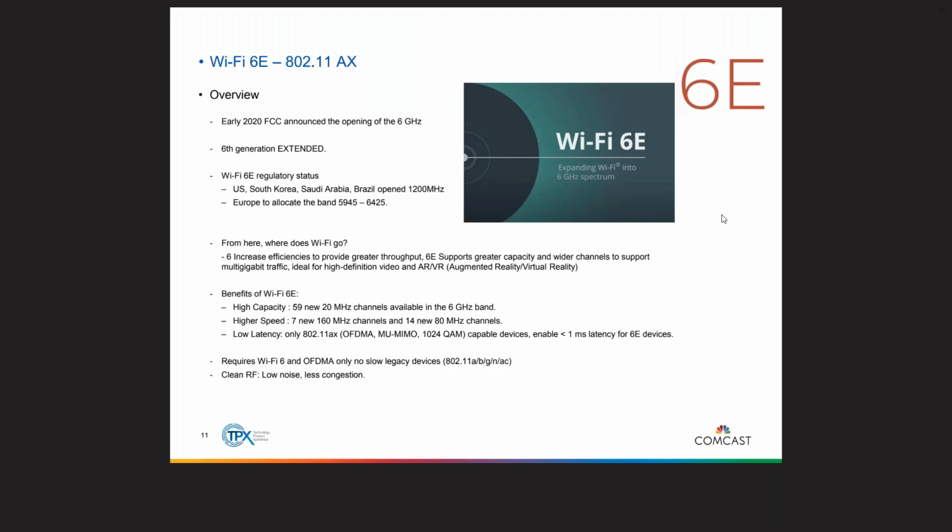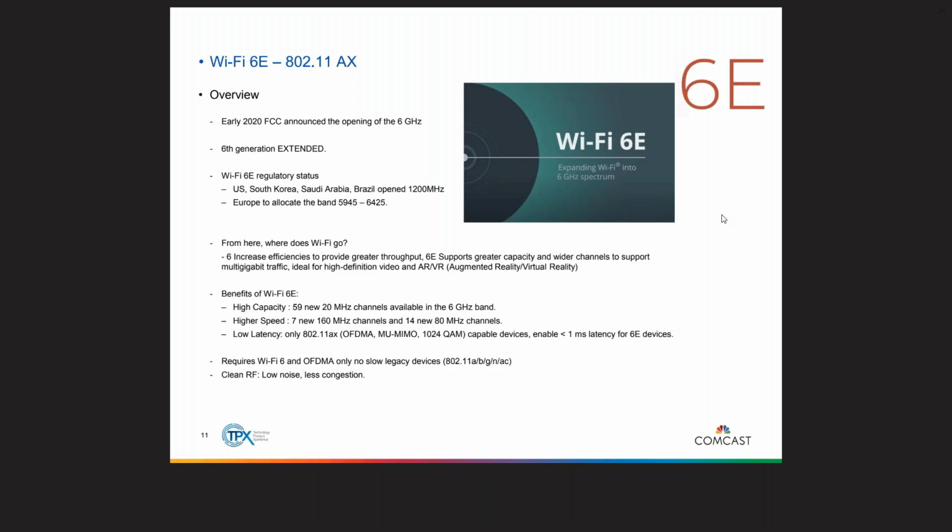In terms of regulatory status, many countries have already adopted these frequencies. US, South Korea, Saudi Arabia, Brazil and Chile are already operating with the 1200 megahertz spectrum. Europe opened only the first band of 6 gigahertz, that is UNII-5.